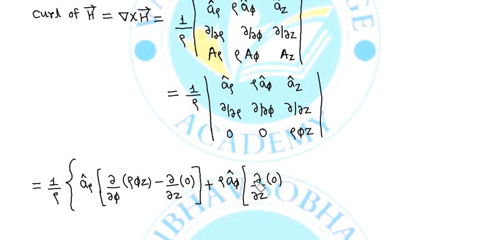Don't mind these curly lines, my handwriting is not good. Okay, so d by dz of this 0, d by d rho of this rho phi z.